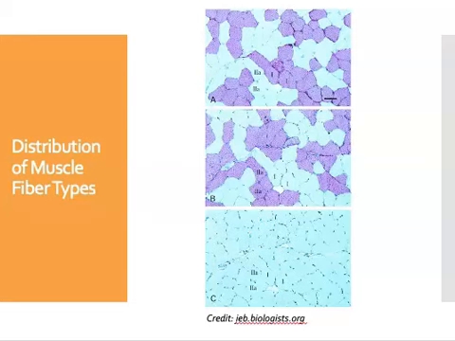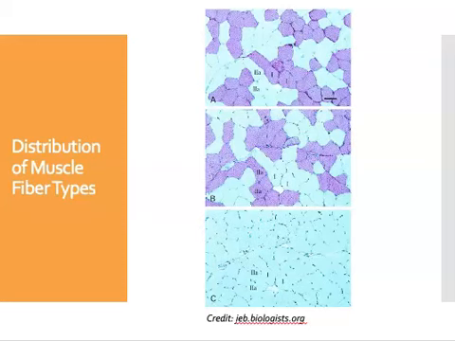Different people have different percentages of each one of those types of fibers in their muscles, and the reason it varies from person to person is because people inherit that distribution largely from their parents, from their ancestors.